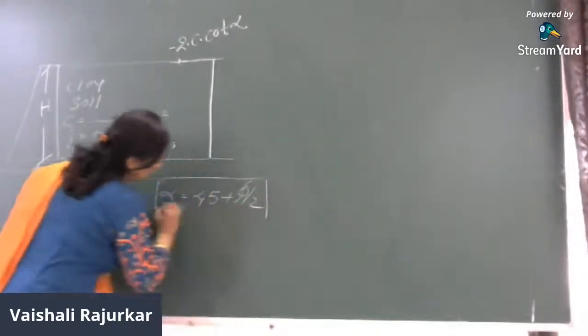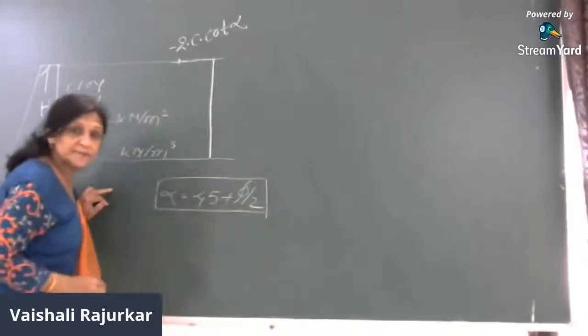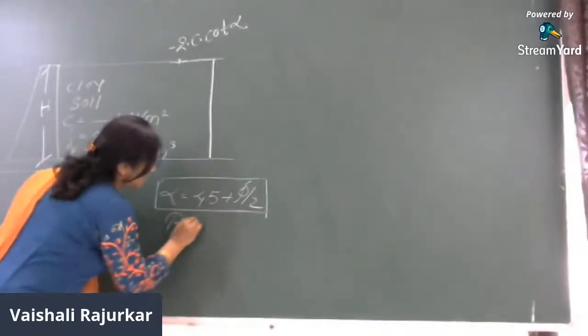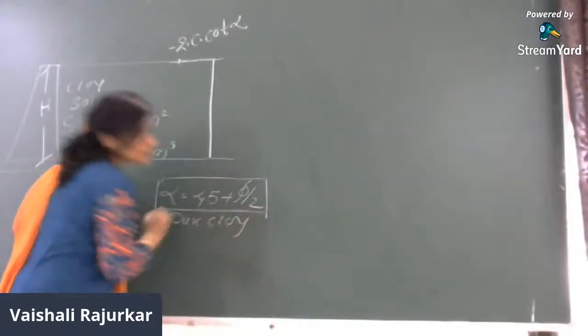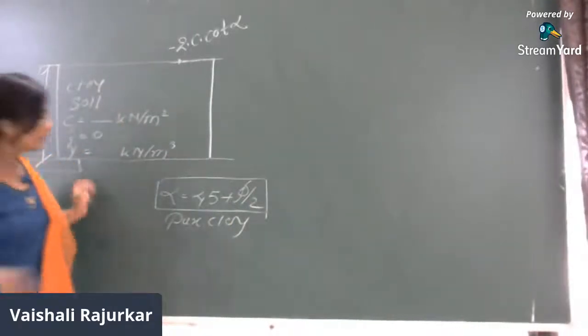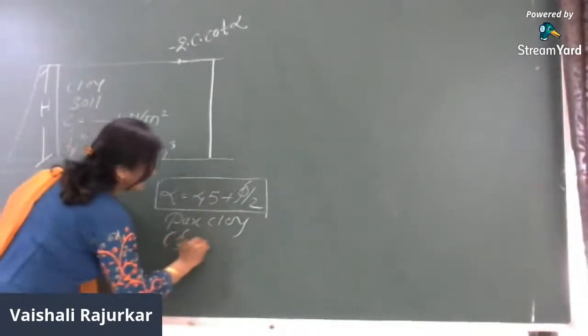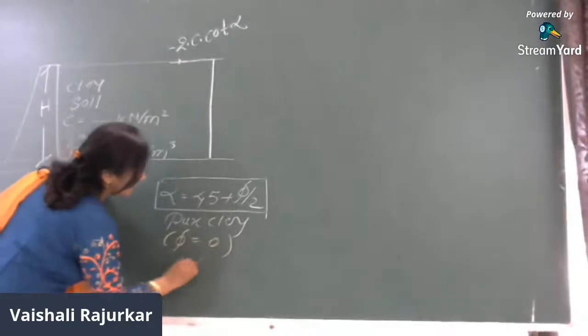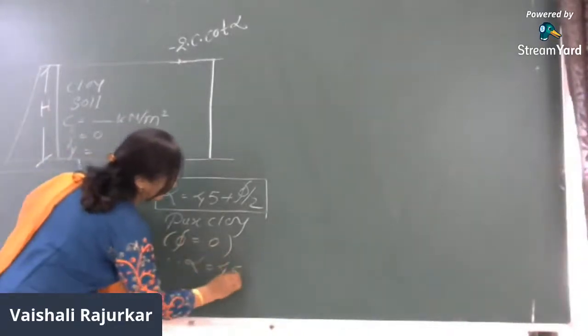Now, if the soil is pure clay, the value of phi will be 0, and therefore alpha is equal to 45.